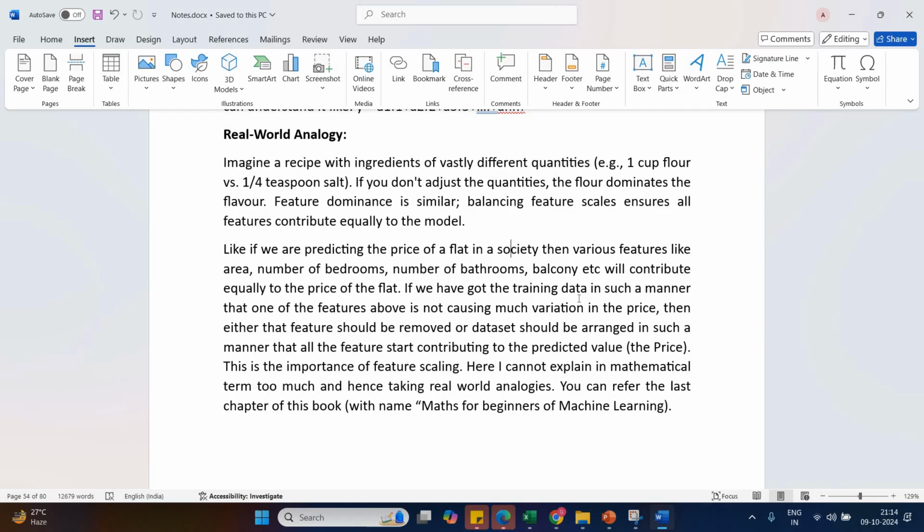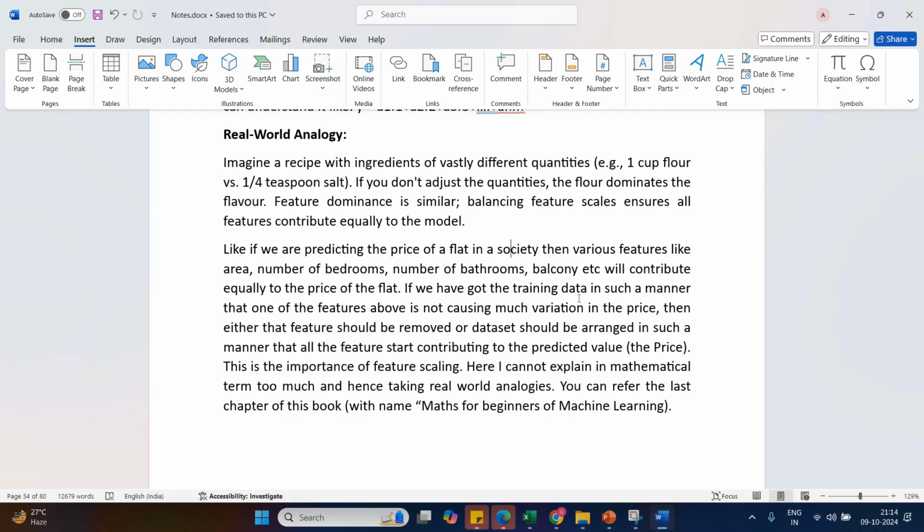Suppose in your data, wherever there is a 3 BHK flat, somewhere there are two balconies, somewhere three, somewhere no balcony. But in spite of balconies being there or not, if all the 3 BHK flats have the same price, then would you like to consider the number of balconies? Would you like to consider this feature known as balcony? Obviously no.